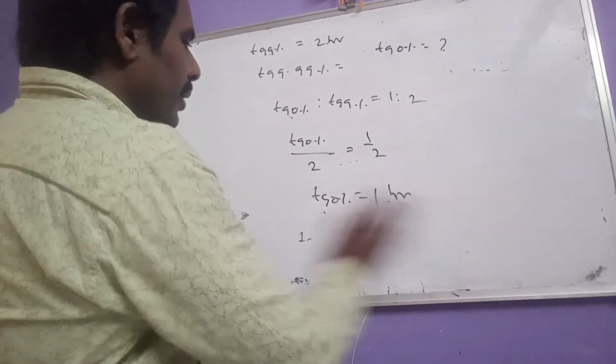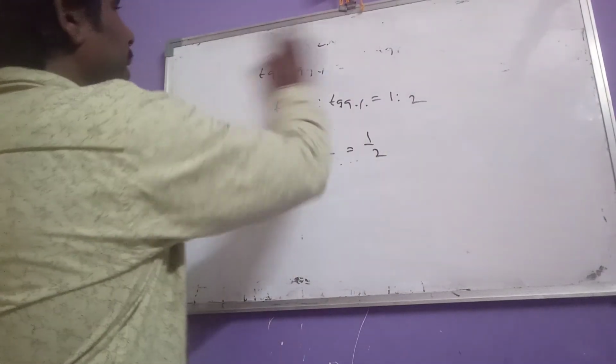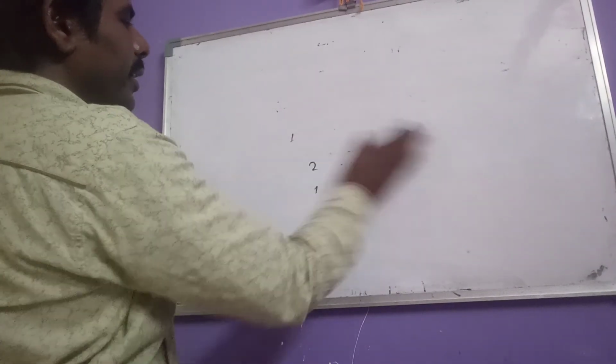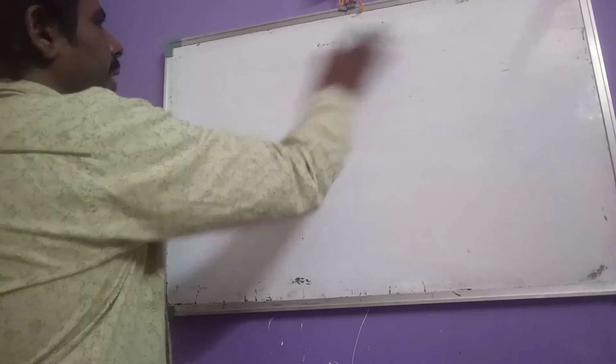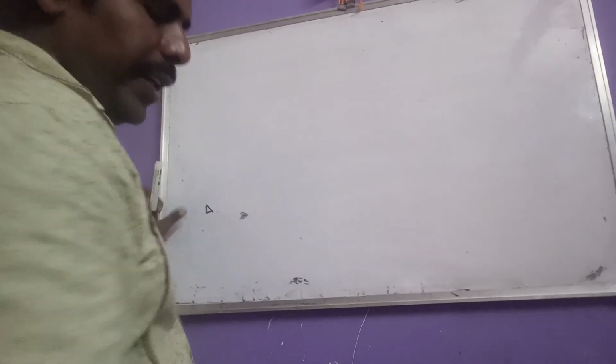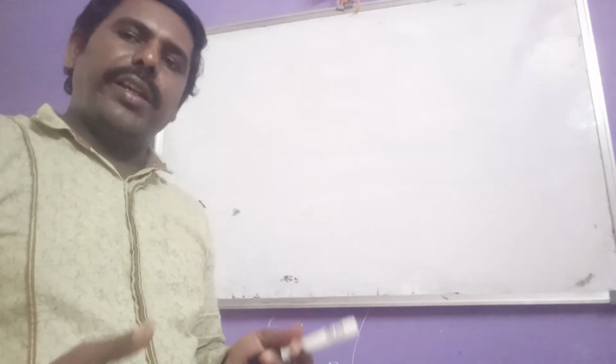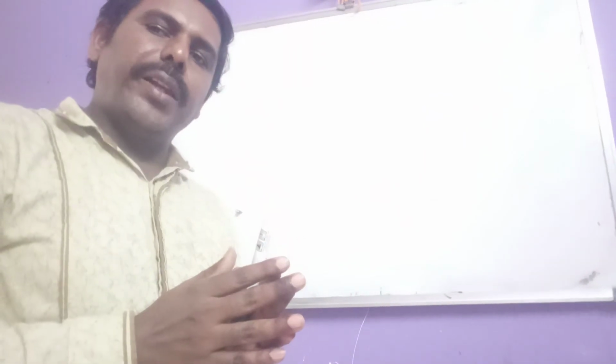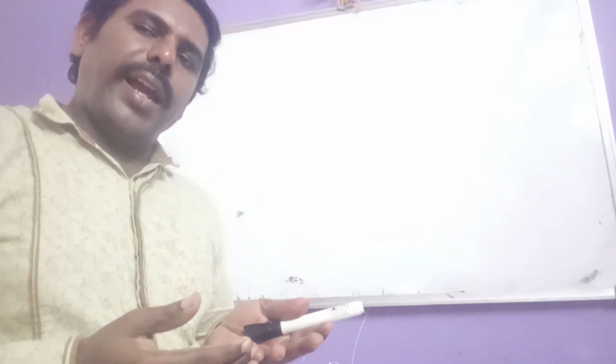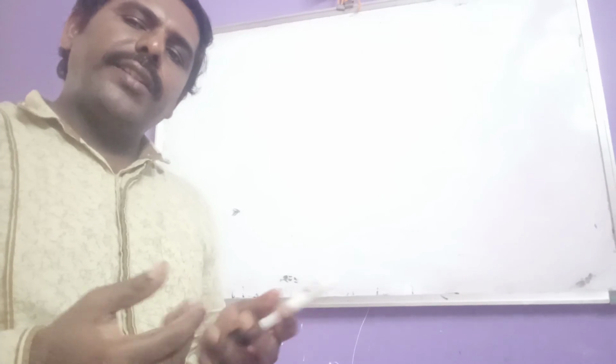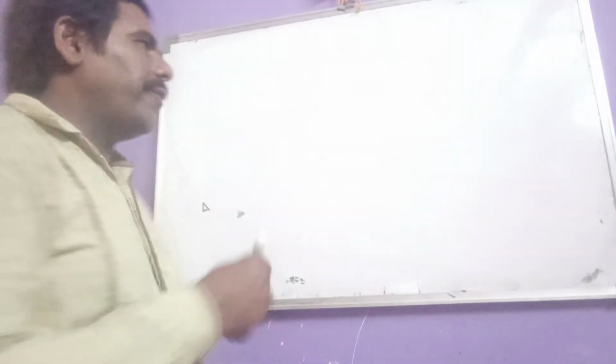Okay, then some other questions they may give regarding average lifetime. They give the half-life period and we have to calculate the average life. What is the relation between average life and half-life?